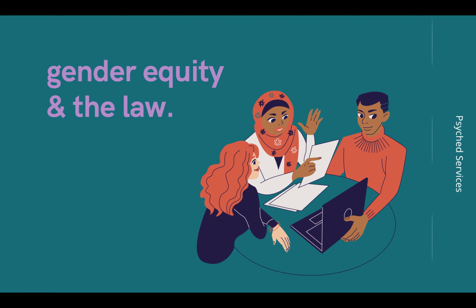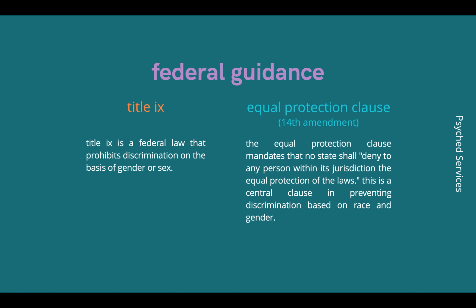Okay, first let's talk about the law. I think it's good to have a basic understanding of the framework of the law as we discuss inclusivity and equity, so we can really understand the importance. We're going to start with federal guidance.